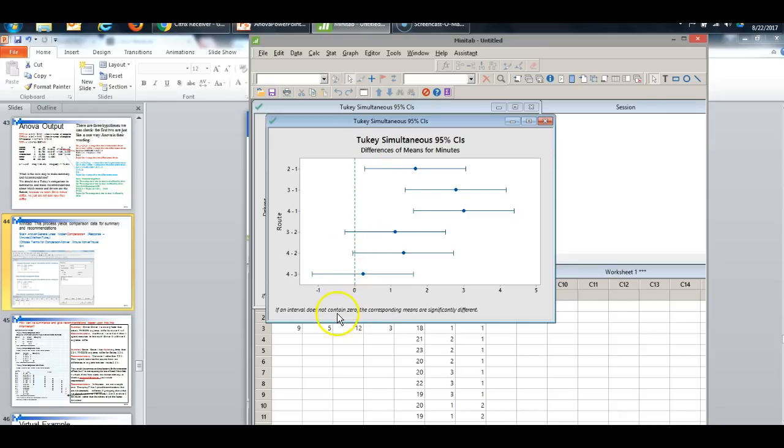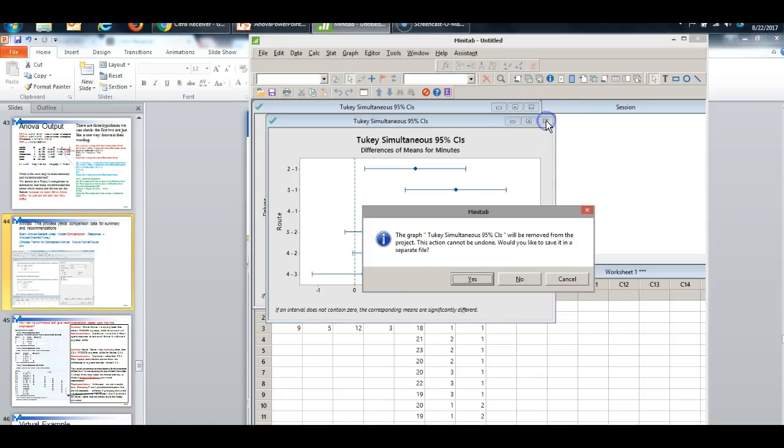If there's not a 0, then they are significantly different. So 2 is higher than 1. 3 is higher than 1. 4 is higher than 1. Make sense? I find these graphs interesting, but the groupings are so much easier to read. I tend to use the groupings, although it is important that you do understand these graphs.